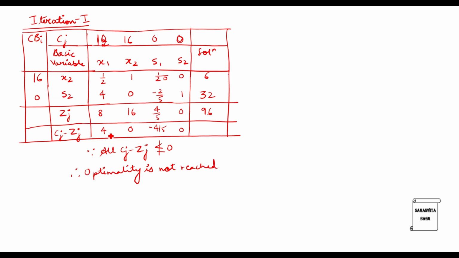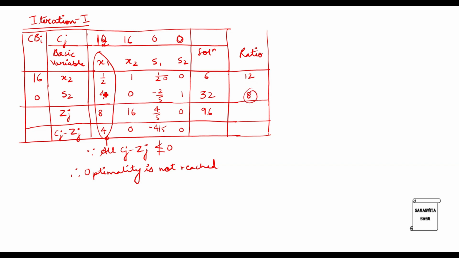So we will have to talk about the entering variable. Now this is very obvious because only one number is positive. So who will enter the solution? x1. So this is entering, and we will have to calculate the ratio such that we know who is leaving the solution. You will divide 6 by half, that is 12. 32 by 4 is 8.